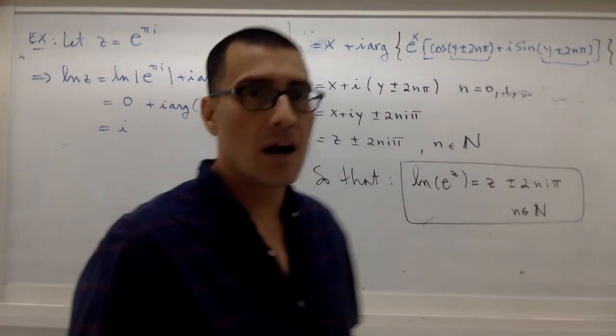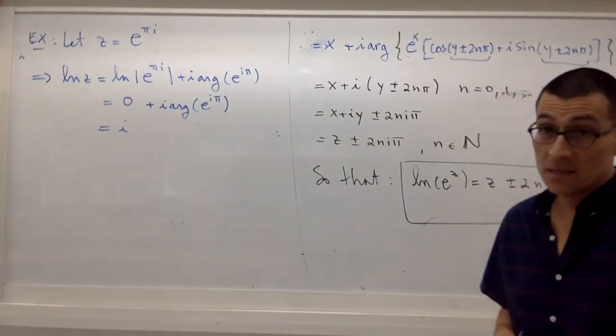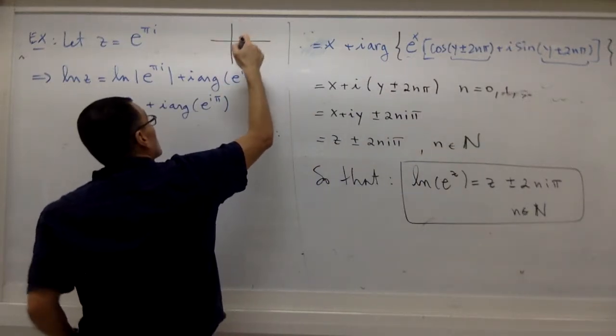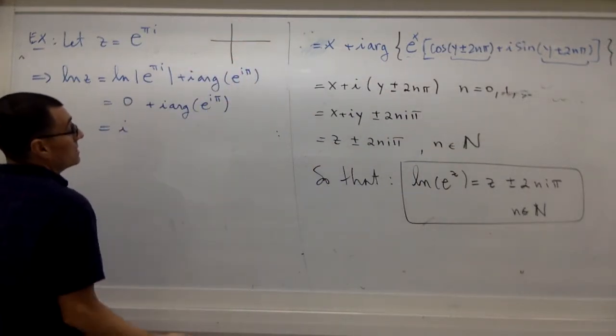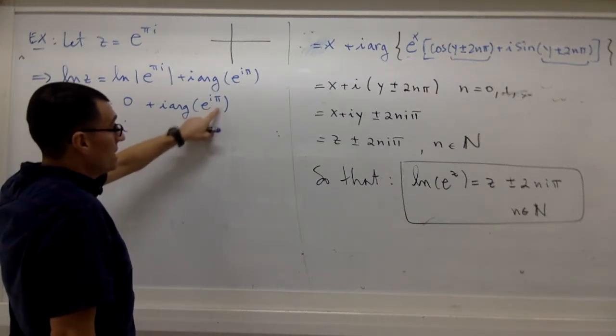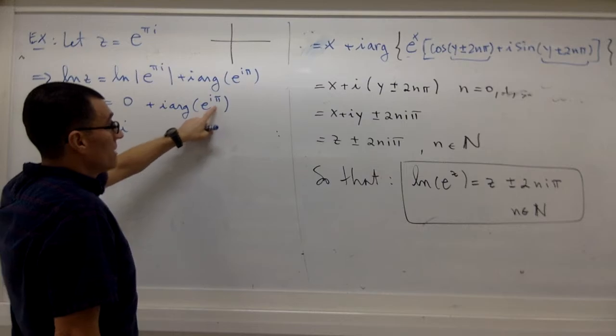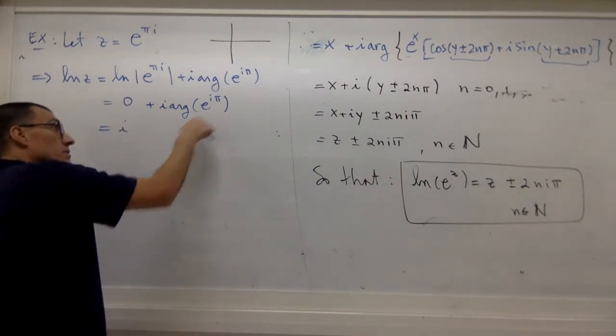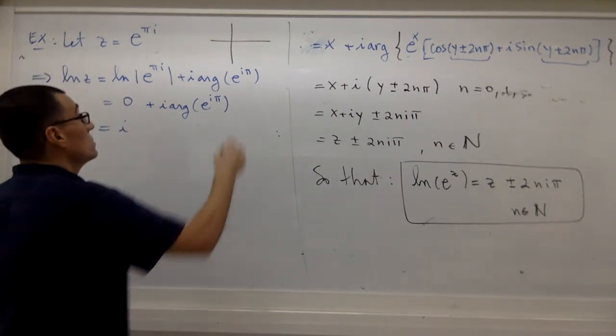Now this is I times the argument of exponential of I pi. You tell me, what's the argument? Well, let's locate this number in our diagram. Exponential of I pi is the same as cos of pi plus I sine of pi. So this number is located on the unit circle.